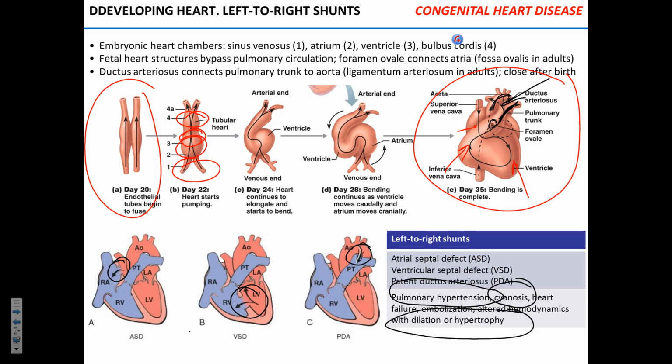Now, pulmonary hypertension. There's a condition called idiopathic pulmonary hypertension. What does the word idiopathic mean? Unknown origin. Very good. So, idiopathic pulmonary hypertension is a terrible disease.